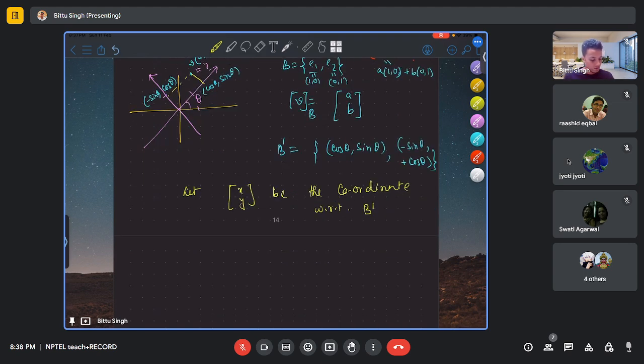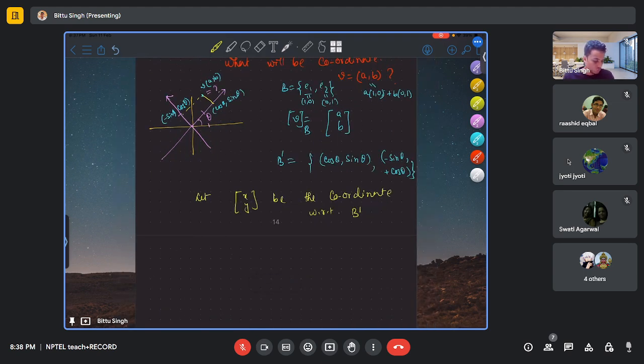Then the point (a, b) can be written as x times (cos theta, sin theta) plus y times the second element (minus sin theta, cos theta).